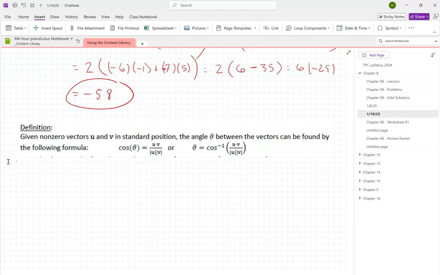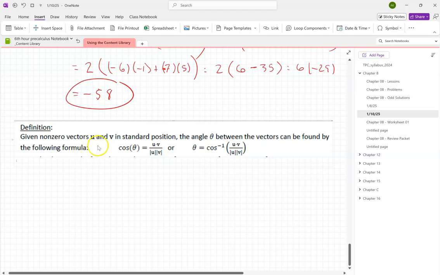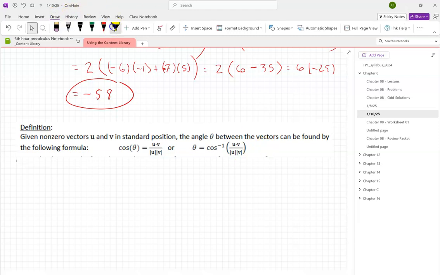The angle between vectors u and v is going to be cosine inverse of the dot product of vectors u and v divided by the magnitude of u times the magnitude of v. Most of the time we'd just be using this version.